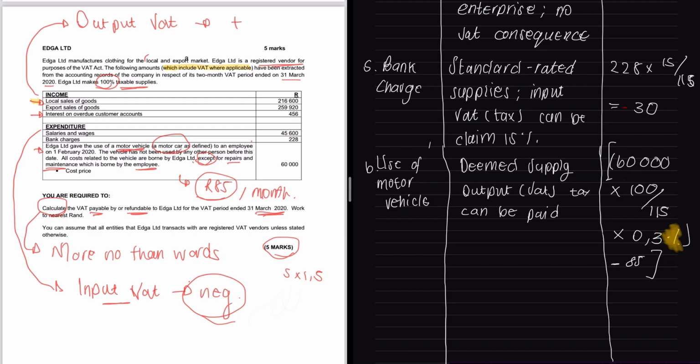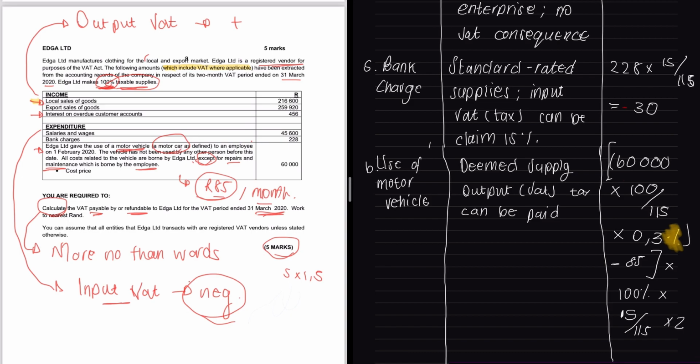Our taxable supplies are 100%, as we are told here. Taxable supplies are 100% multiplied by the VAT component, which is 15 over 115 because it's inclusive of VAT, multiplied by 2, because everything is per month. We're told 85 Rand per month.